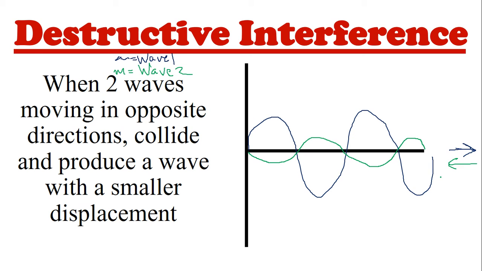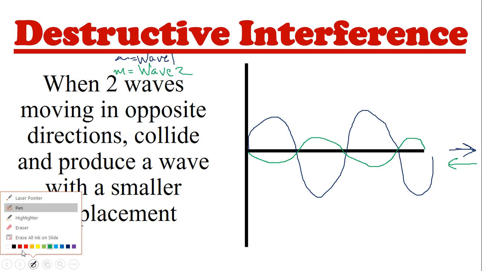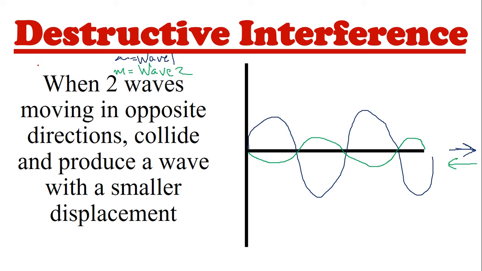And remember, if you watch the displacement video, in the opposite directions they're going to subtract from each other with displacement. Same thing is going to work here. All right, so we're going to get red, and red's going to be the result wave.